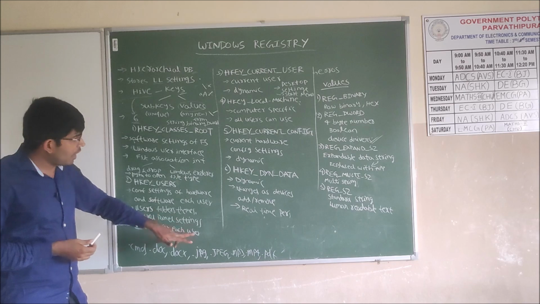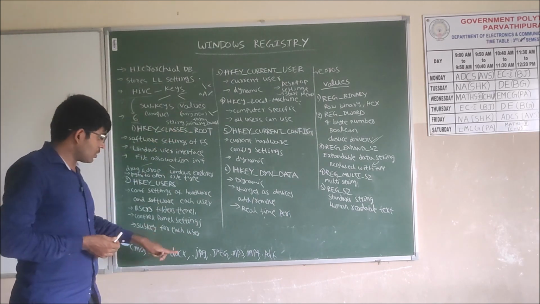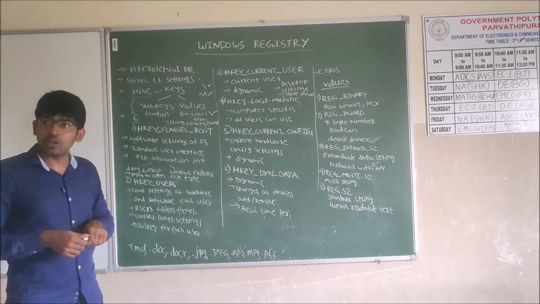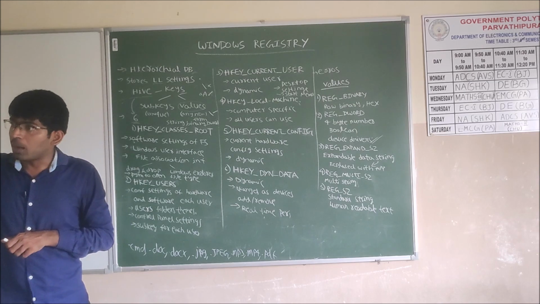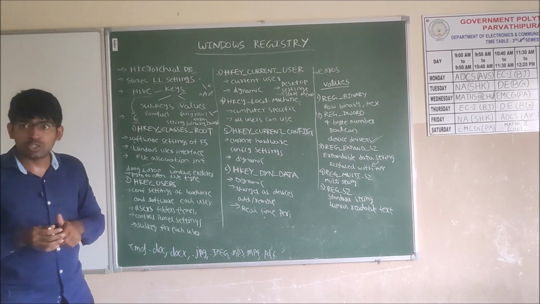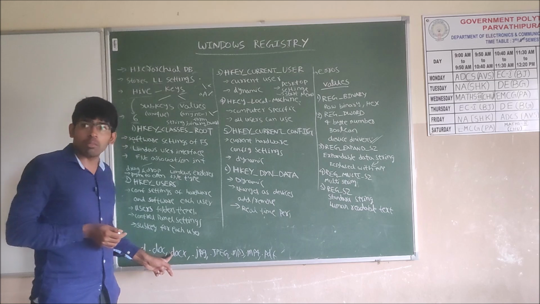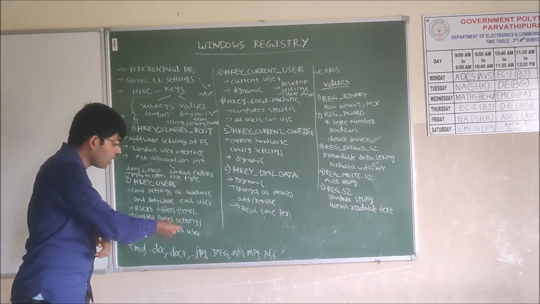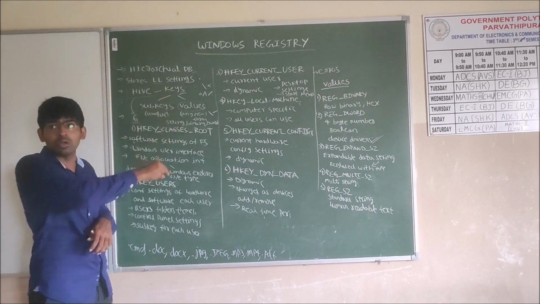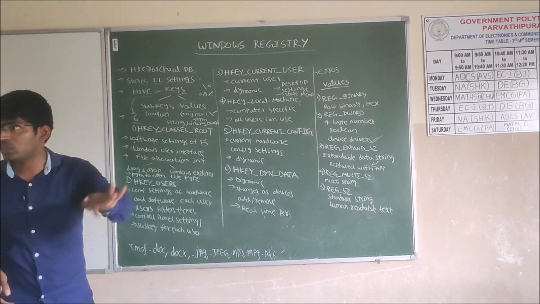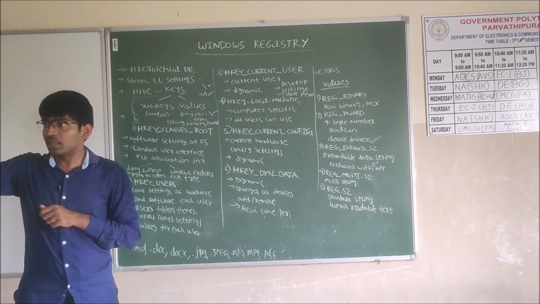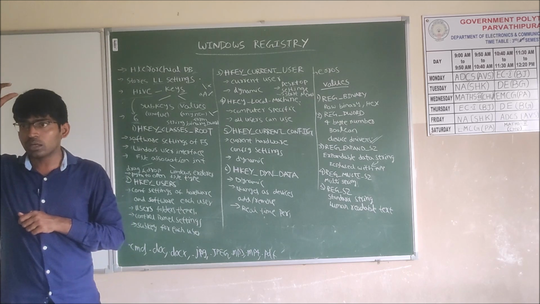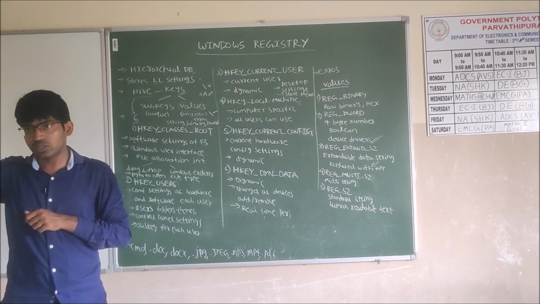That program value is stored in this key. Similarly, whenever you want to open an MS Word file, it should be opened with the MS Word program. That program value will be stored in the .docx key. The key, the folder name, is .docx.